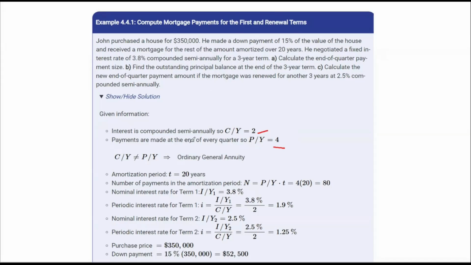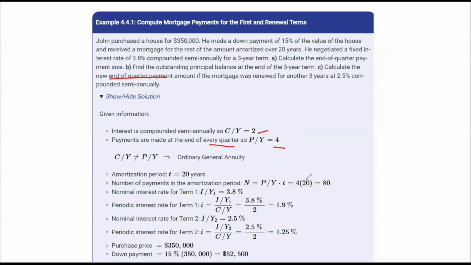For some reason, I'm not seeing where it says payments are going to be made every quarter. Oh, they didn't say that in the information, they tell you that in the question. All right, sorry. These two are not equal, so you're dealing with an ordinary general annuity.